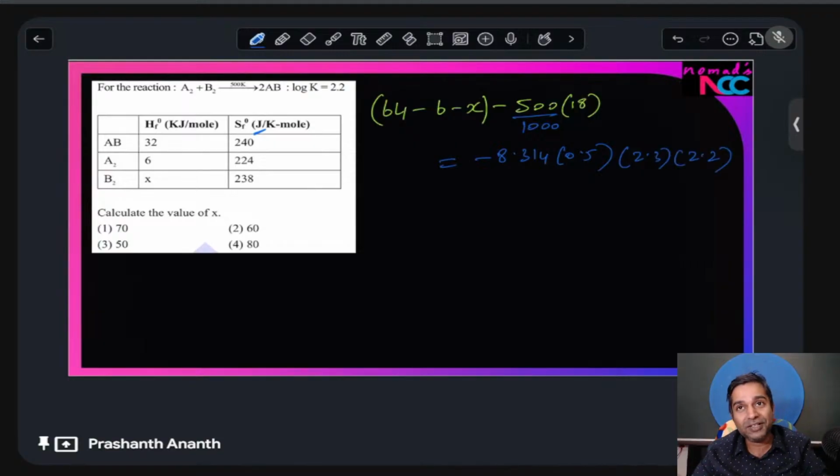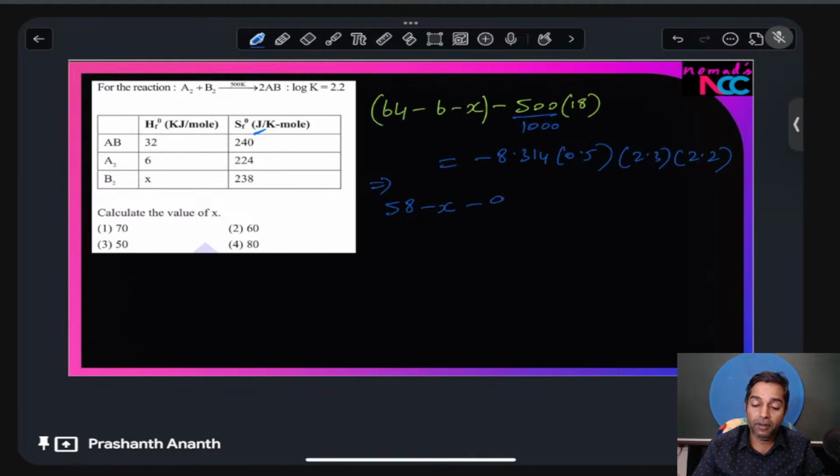Unfortunately there is no shortcut here. We'll have to sit and solve this. So we end up having in this case 64 minus 6 minus X, so we can write it as 58 minus X. So 58 minus X minus 9 is going to be equal to minus 8.314. I'll make it 8.31 into 0.5.